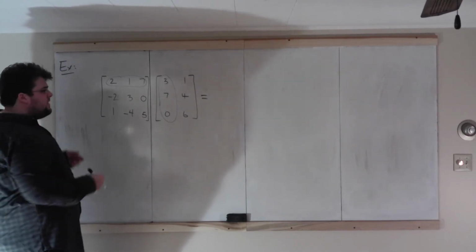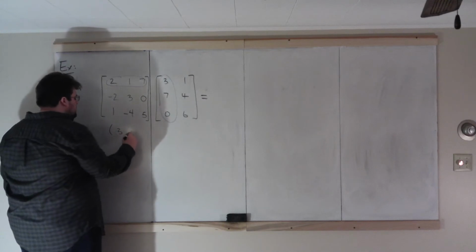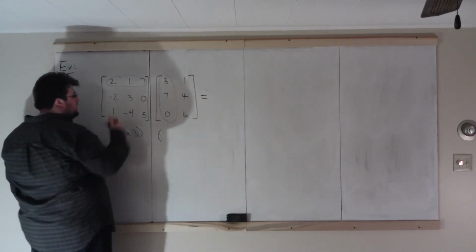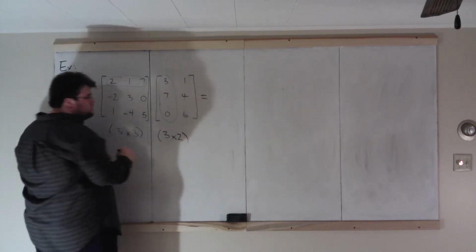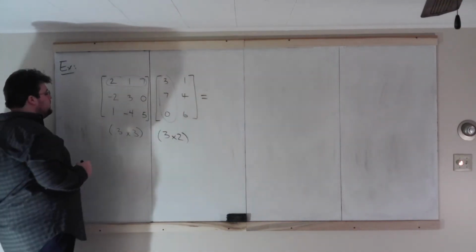What's the size of the final answer? Well, for that, I'll figure out this way. We have a 3 by 3, and here we have a 3-row, 2-column. A 3 by 2. Remember, it's always rows, the horizontal things, by columns, the vertical things.